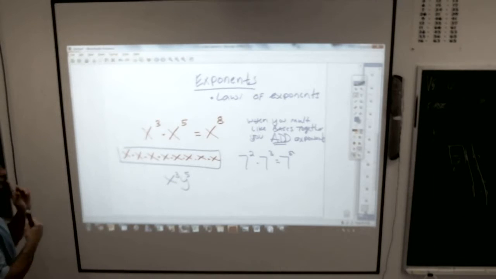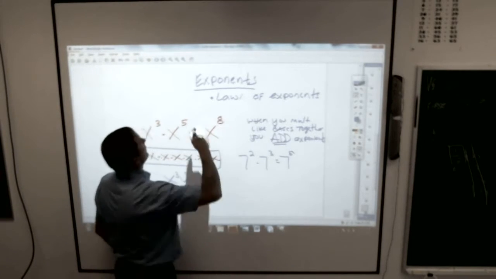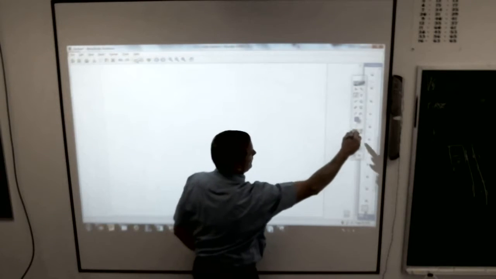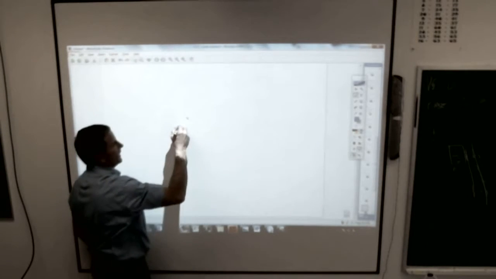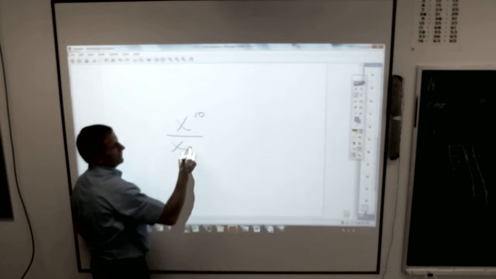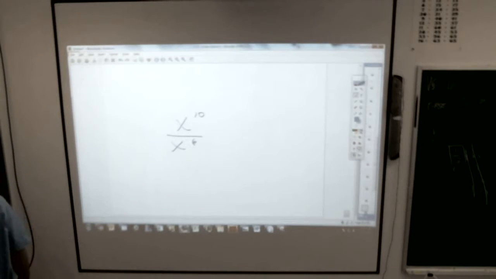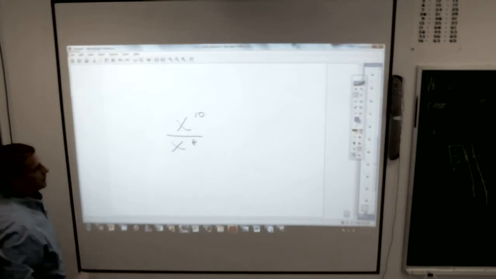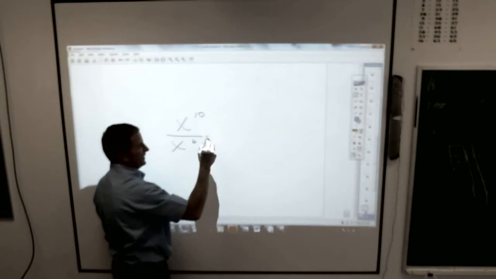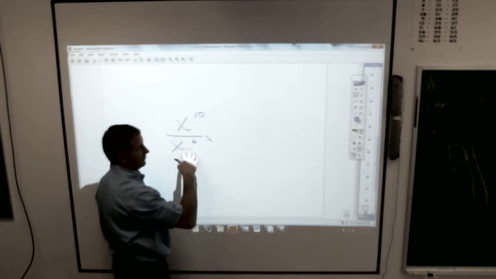Now, what about when you divide? What if I have x to the 10th power over x to the 6th power? Well, ladies and gentlemen, you don't have to do this, but this is the concept behind it.